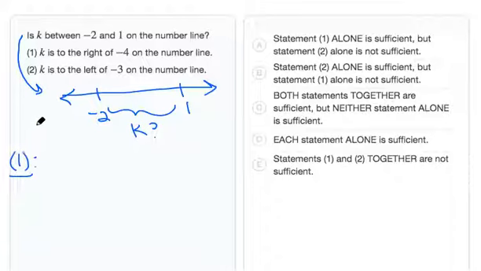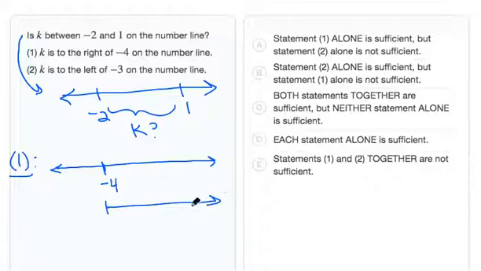Statement 1 alone says, k is to the right of -4 on the number line. If we draw our number line down here, we have -4 here, and k is to the right of -4. So that means that k is somewhere over here.